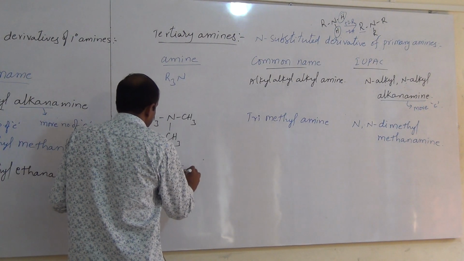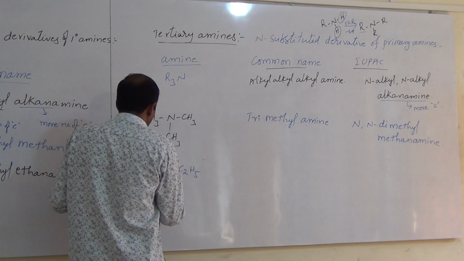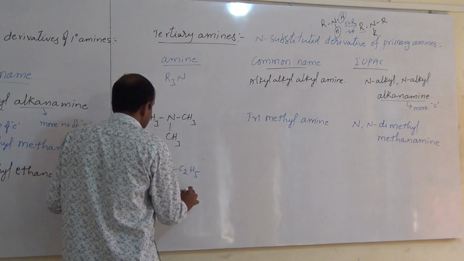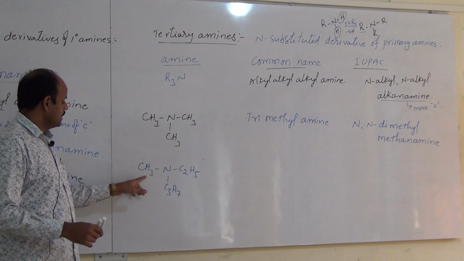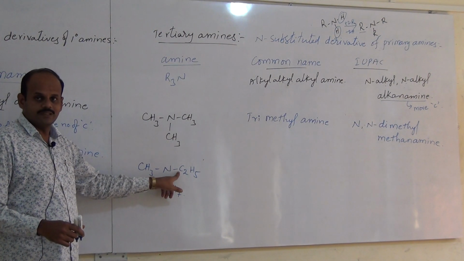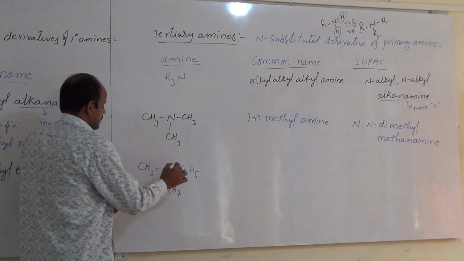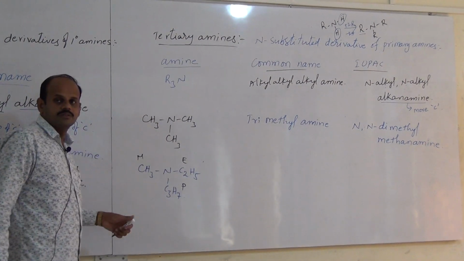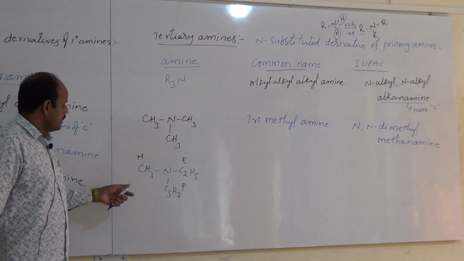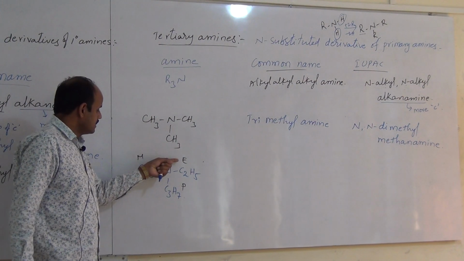Another one: CH3, N, C2H5, here C3H7. Now the three groups are different. It is the ethyl, the methyl, and the propyl group. Now which one comes first in alphabetical order?